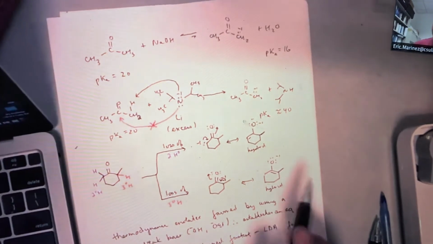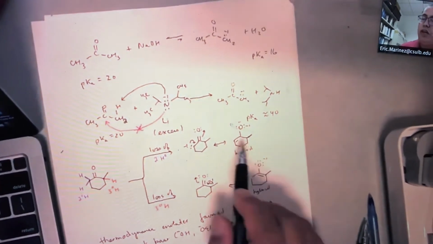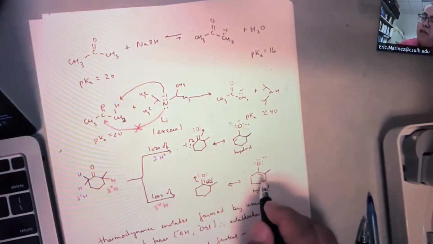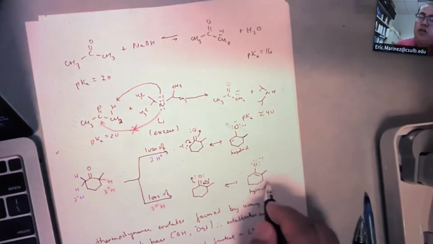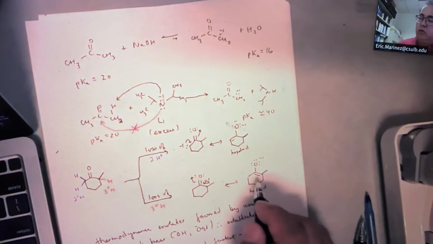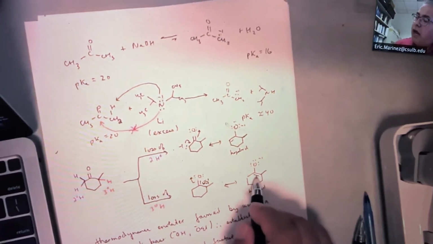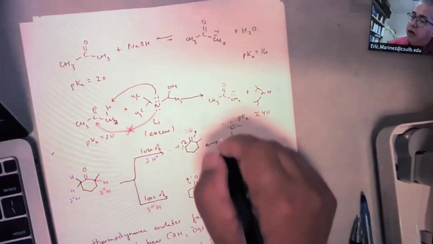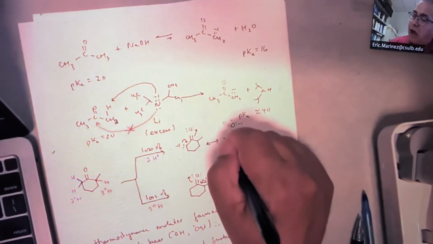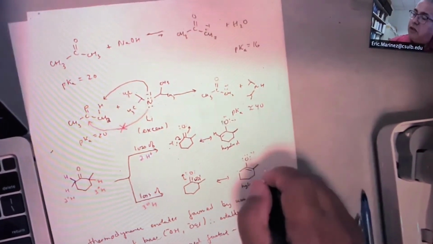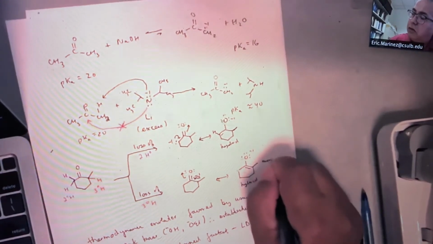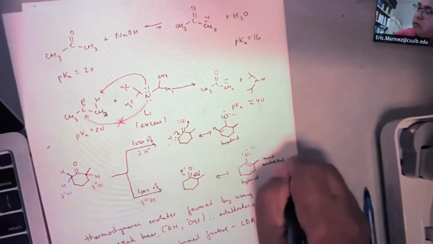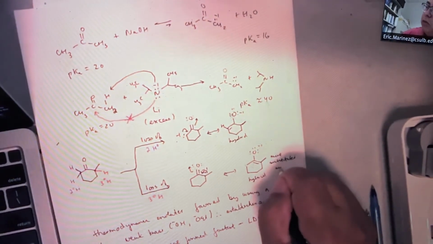One of the things you should have learned about double bonds in the alkene chapter in 228 is that more substituted double bonds are more stable. Notice that here I have a double bond that has a methyl group, as opposed to over here, where I have a double bond that has a hydrogen. So this is more substituted, so it should be more stable.